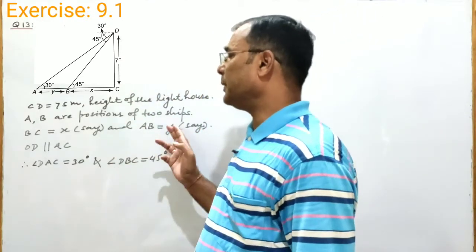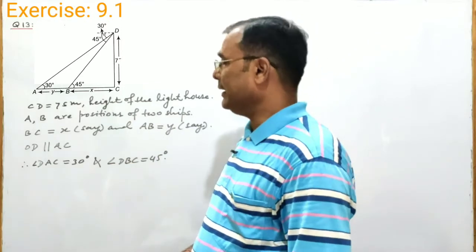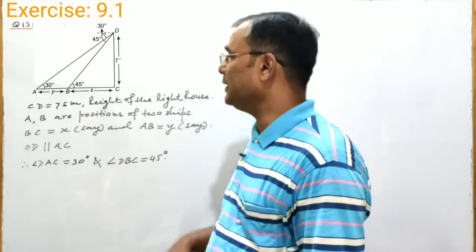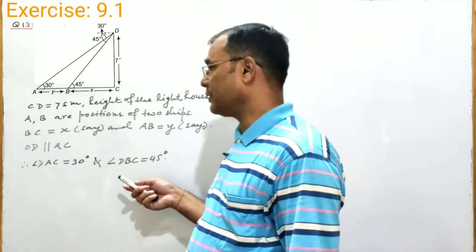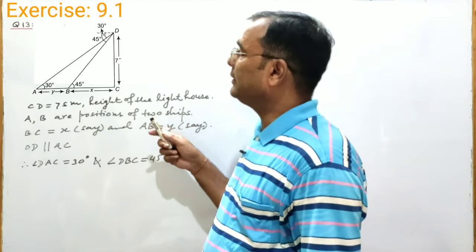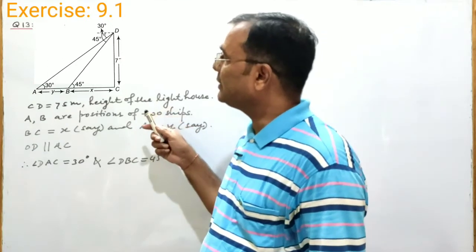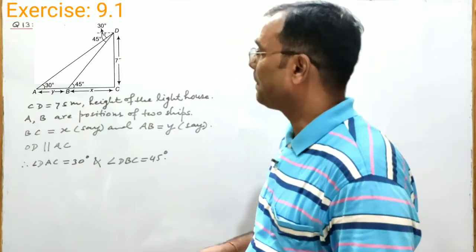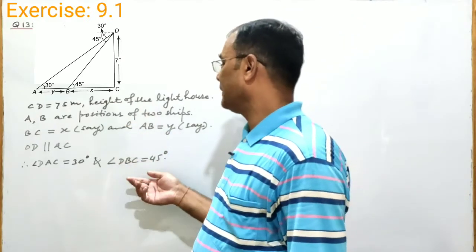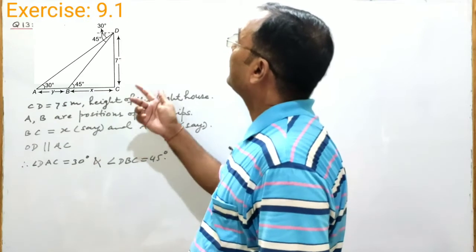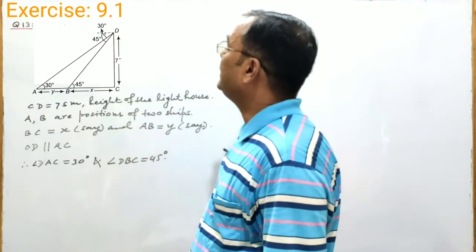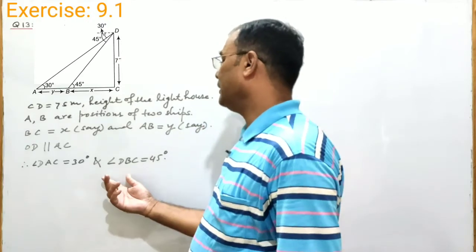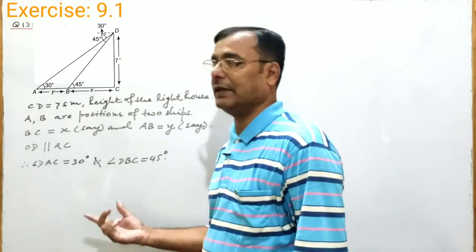Horizontal OD is parallel to AC. DA and DB are transversals. So the angles of depression, 30 degrees and 45 degrees, of the two ships at positions A and B are equal to angle DAC and angle DBC, being alternate interior angles like this.